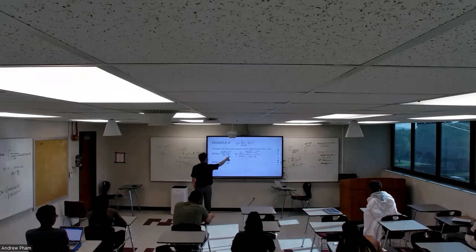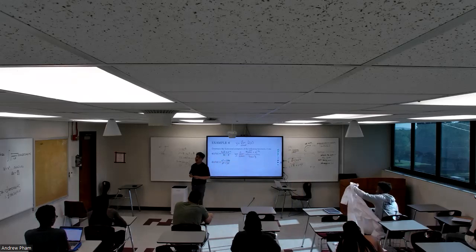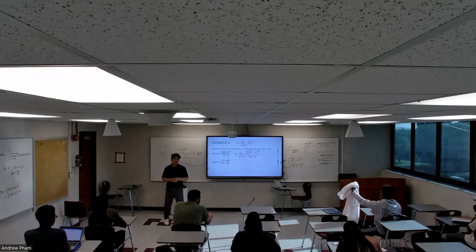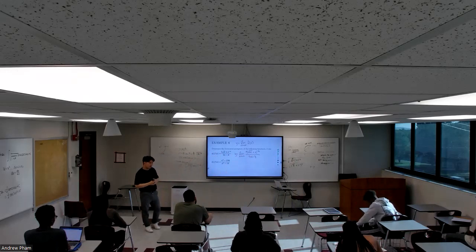So if I look at the top of this function, 5 square roots of x plus x to the negative 6 power, there's 2 parts to this, the 5 square root of x and then the x to the negative 6 part. Which one dominates the behavior of the top, the x to the negative 6 or the square root of x? X to the negative 6? Do we have agreements or disagree? Or there's also a third option, no idea.